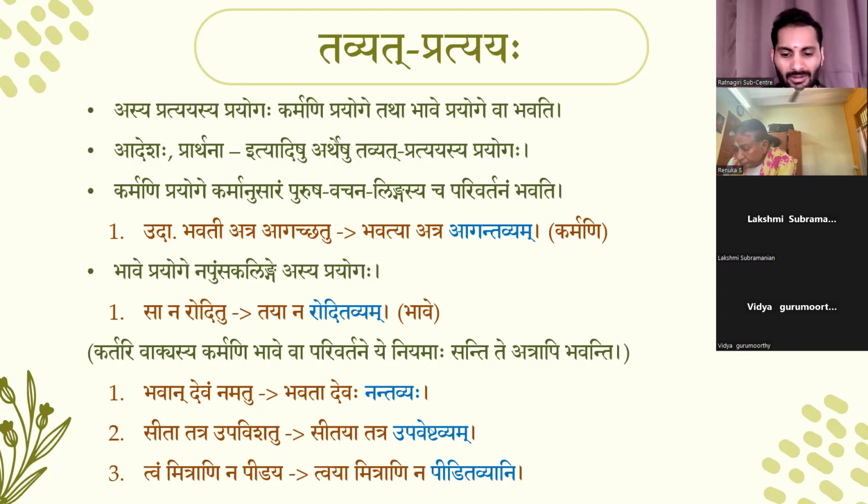So mainly, when we are using tavyat pratyaya, we need to focus on the 3-1-1 structure. The karta would be in tritiya vibhakti, karma would be in prathama vibhakti, and according to the karma padam we need to put the tavyat form. So this much should be clear. And if the dhatu is akarmaka, an intransitive verb, then we cannot make a karma sentence.